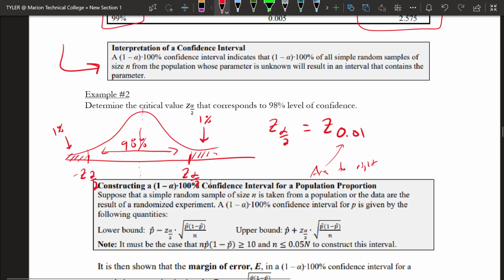Right? So this is equal to 2.326. So what we found is the lines in the sand, where if I take that value and the negative of that value, it's going to get me 98% of my data that's symmetrical about the middle, the mean.